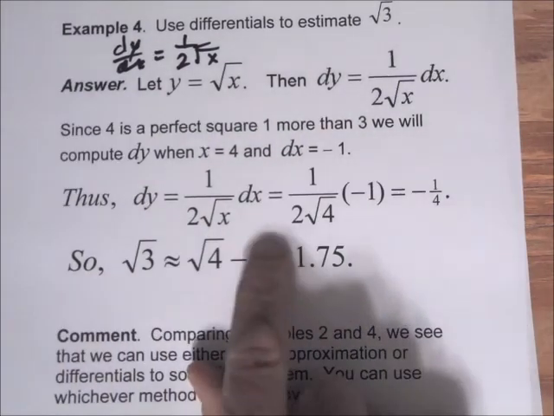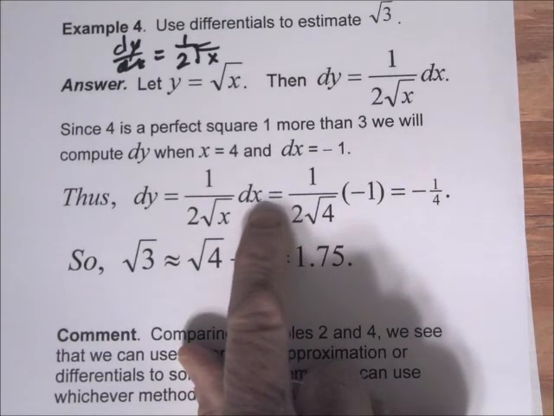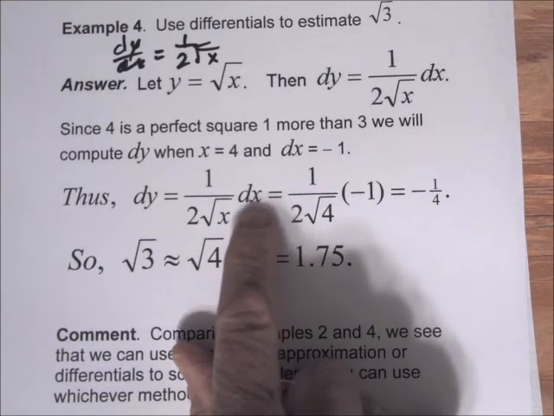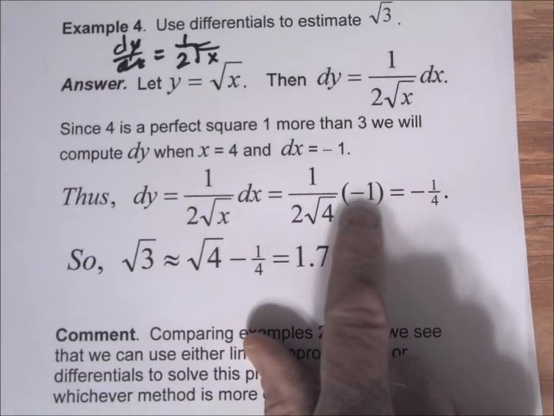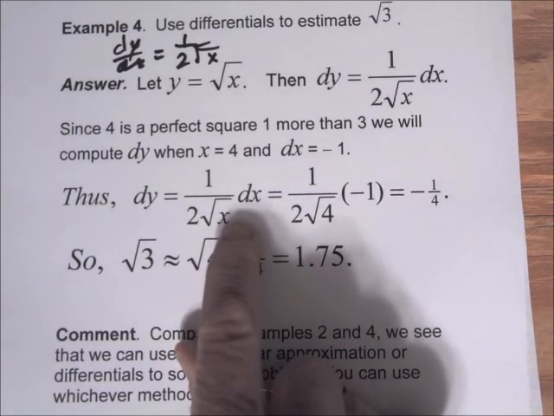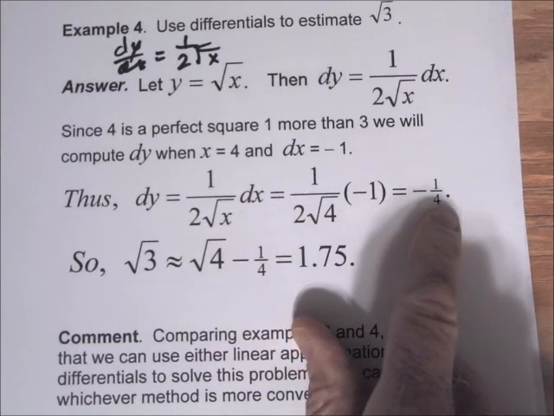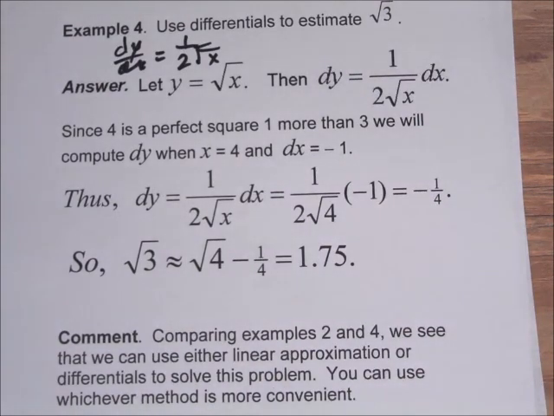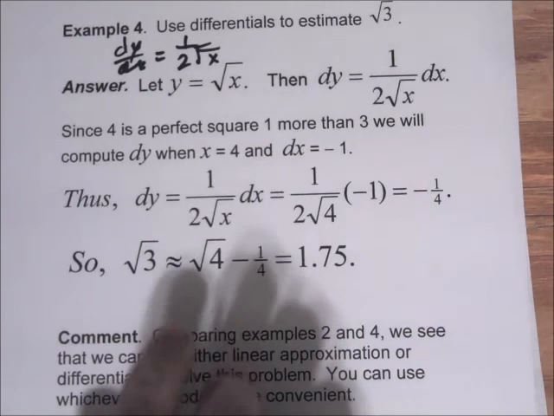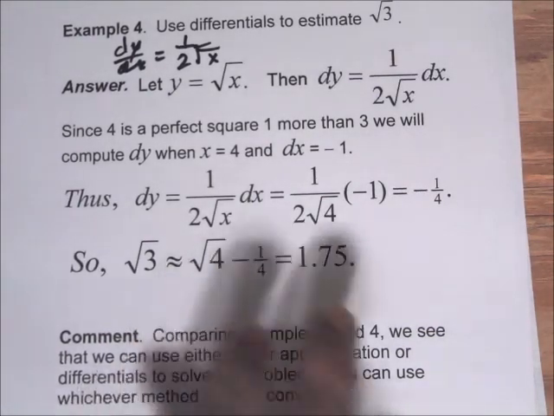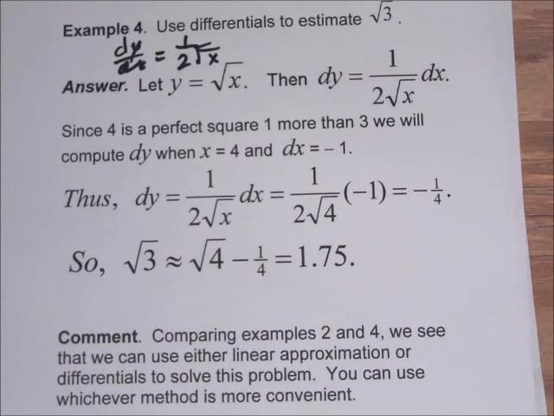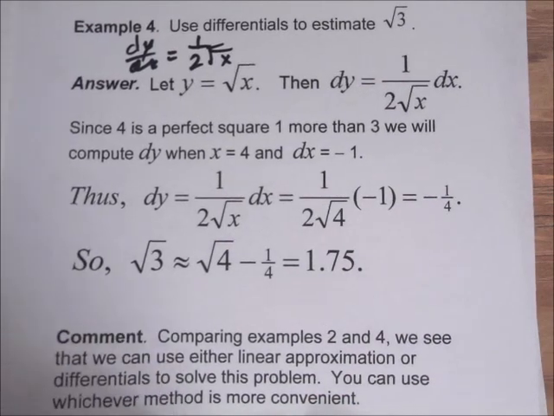If we plug into this formula for dy, replacing dx with negative 1 and x with 4, we get dy equal to negative 1/4. That means the square root of 3 is approximately the square root of 4 minus 1/4, which is about 1.75, which was what we had before. So we could have used differentials there. And that concludes this presentation.